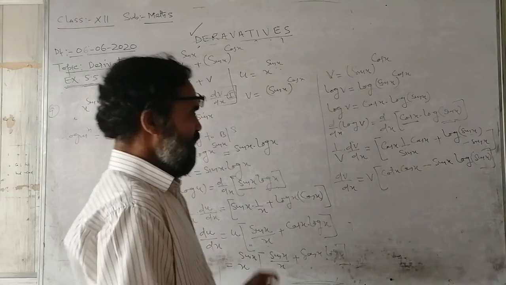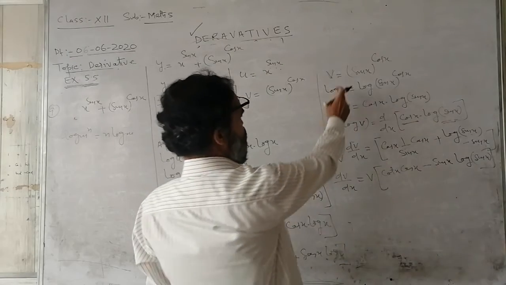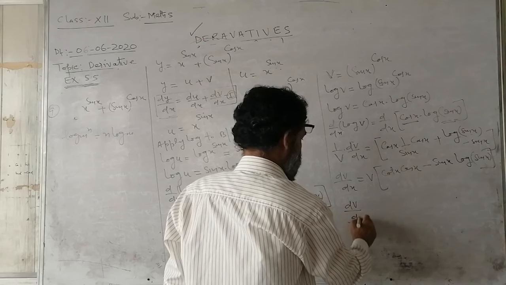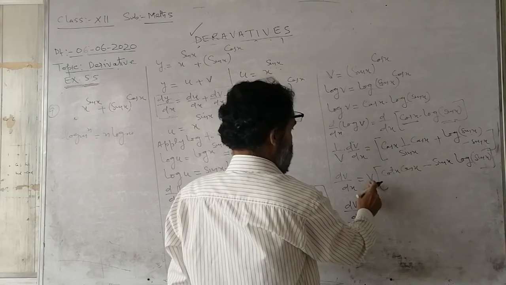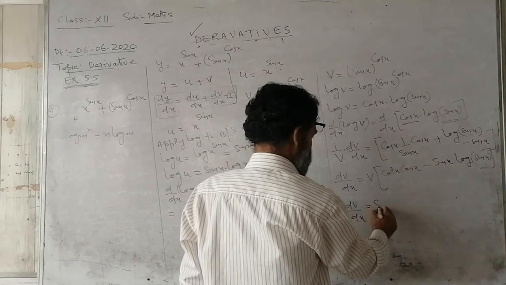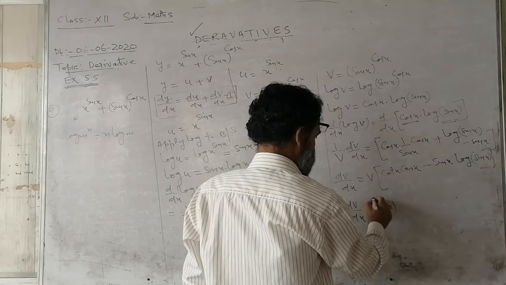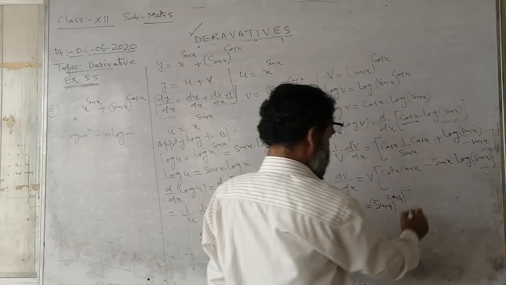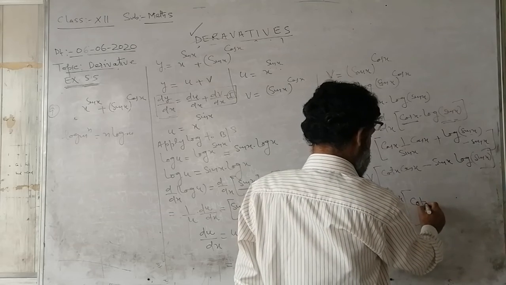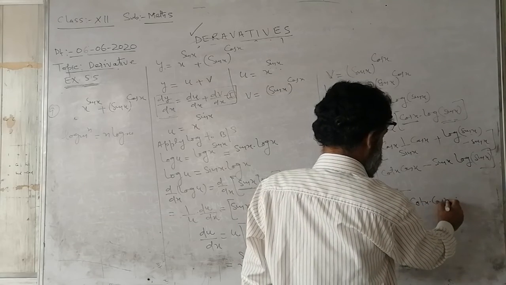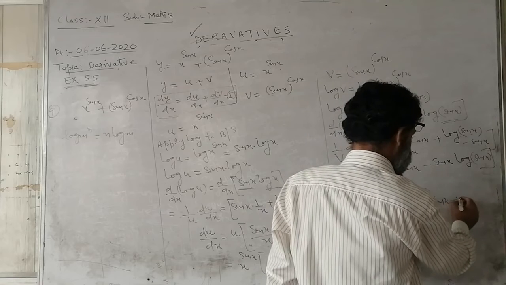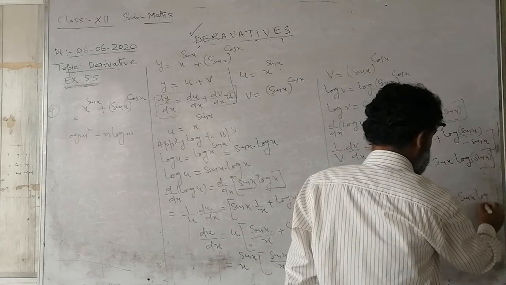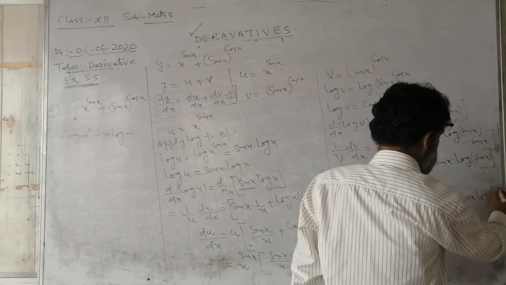I can put the value of v here, and the value of v is sin x raised to power cos x. So finally dv upon dx is equal to sin x raised to power cos x, and inside, cot x into cos x minus sin x into log of sin x.